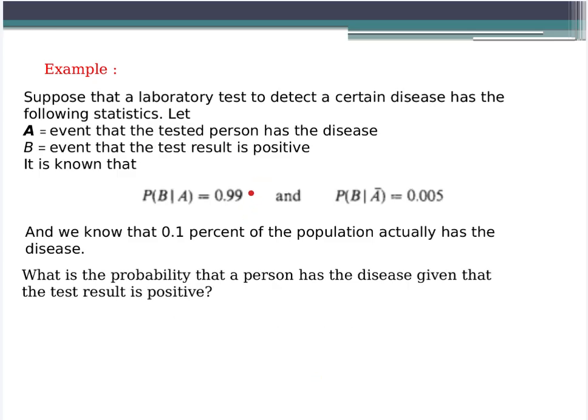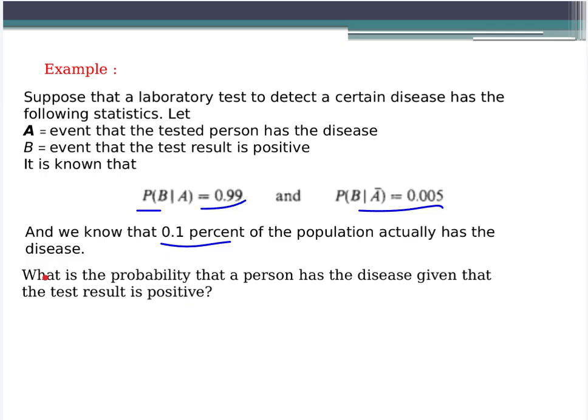What is this example? This example is similar to the previous example. Again, event A means that the tested person has the disease. Event B means that the test result is positive. And we have these values, the probability of A and the probability of A bar, exactly similar to the previous example.